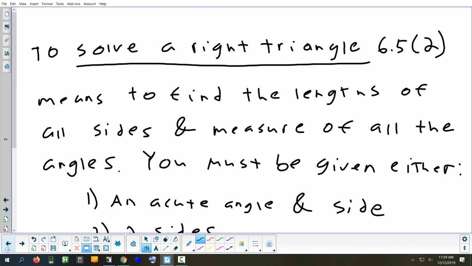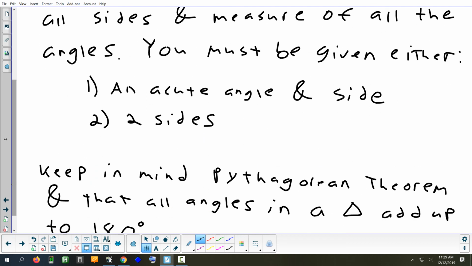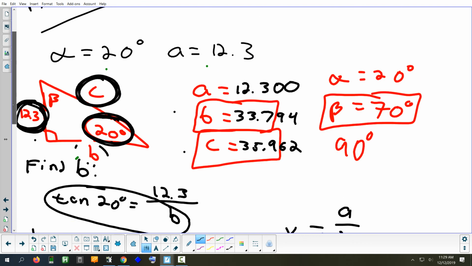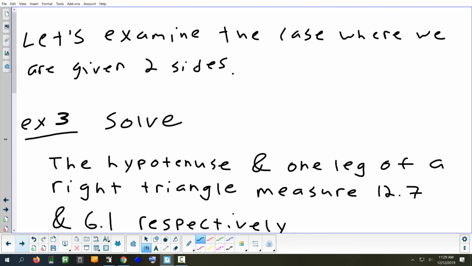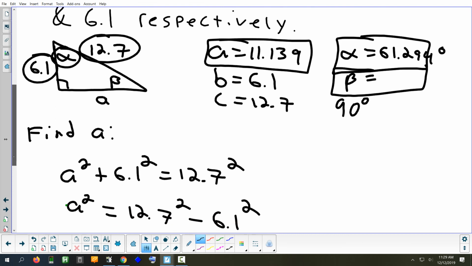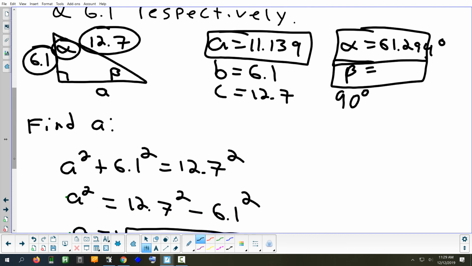You don't have to use inverse trig in case 1 at all, ever, because in case 1, you're never going to have to solve for an angle. You can just add up and subtract from 180. Case 2 is where you have to use inverse trig. Always. All right, so what do we have? Okay, we've got ABC, we've got alpha, we've got beta. I know we need to find beta. So let's finish up with that.